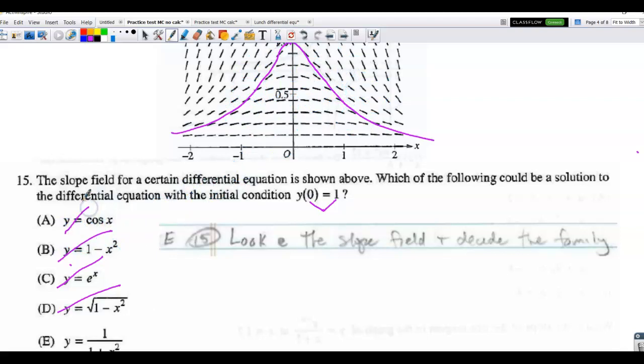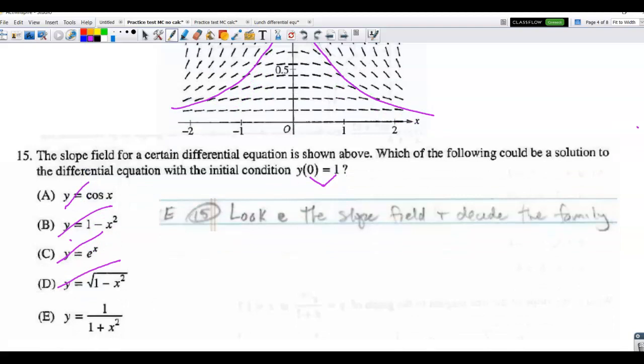So it's not cosine of x. And it is actually 1 over 1 plus x squared. And if you're not sure what that looks like, well, for one thing, we've eliminated A through D. But the other thing is you could plot some points and get an idea of what the graph of 1 over 1 plus x squared looks like.